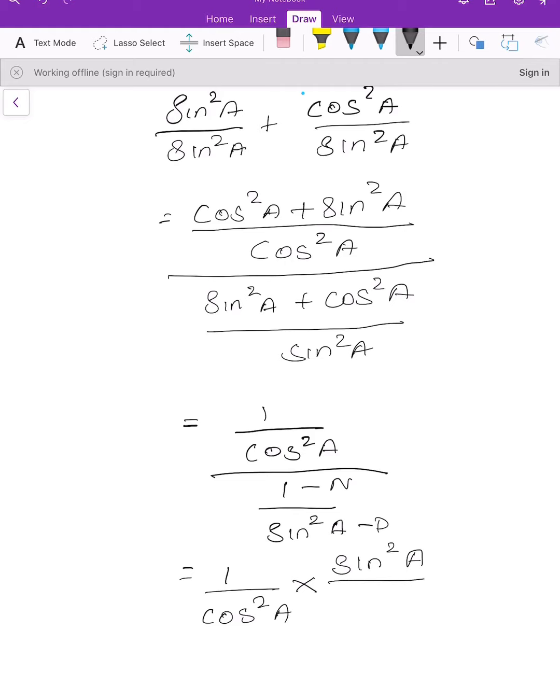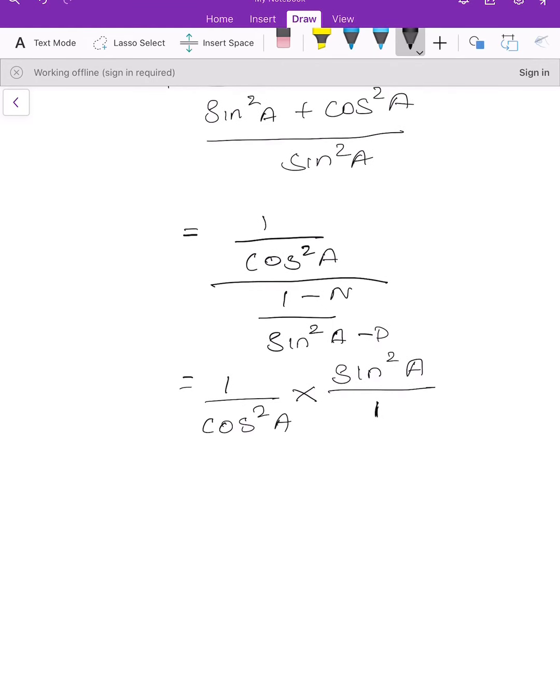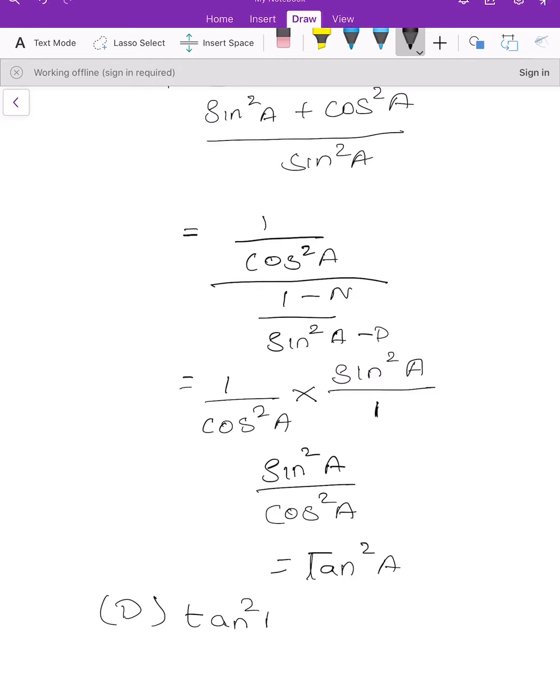Sine square A by 1, that is the same as sine square A by cos square A. Sine by cos is tan, that is my tan square A. This is my answer. Which option is my tan square A? My option D is my tan square A. That is my option.